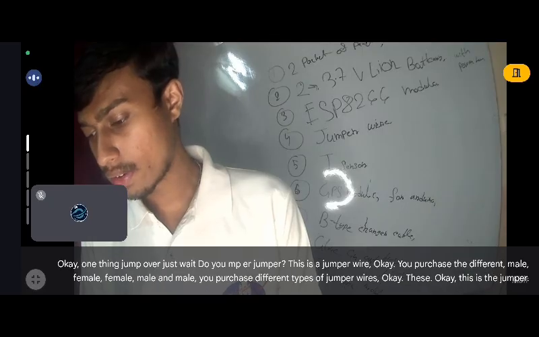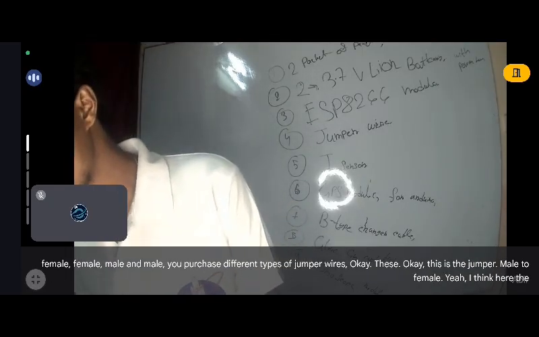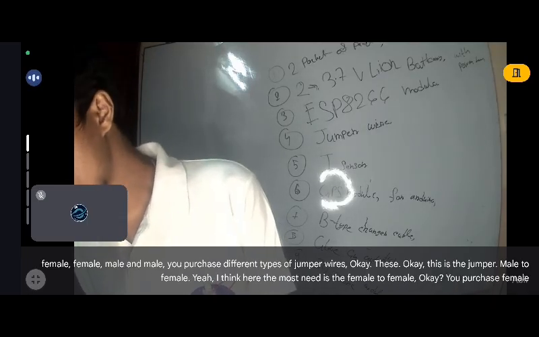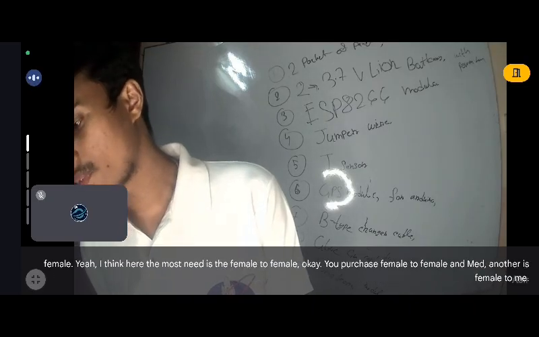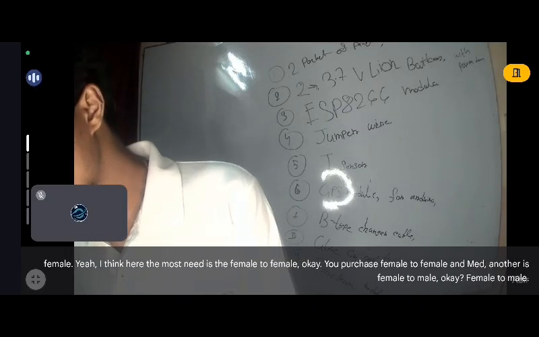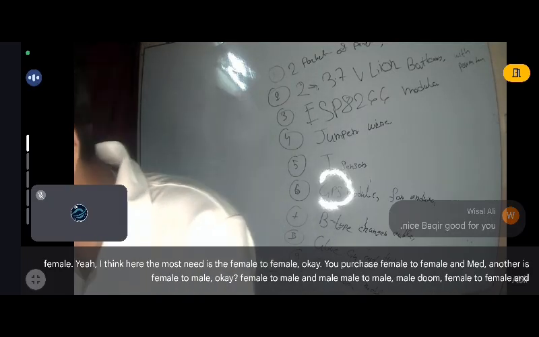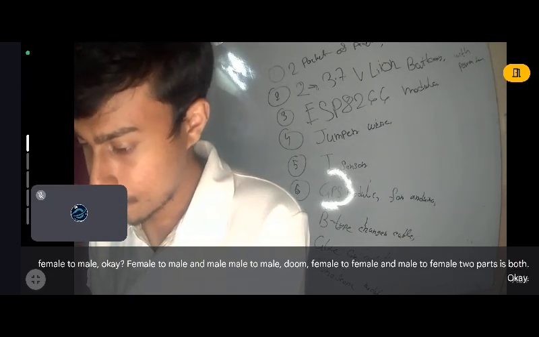This is the jumper wire. Male to female. Yeah, I think here the most needed is female to female. Okay, you purchase female to female, and another is female to male. Okay, female to male and male to male, female to female and male to female. You purchase both.